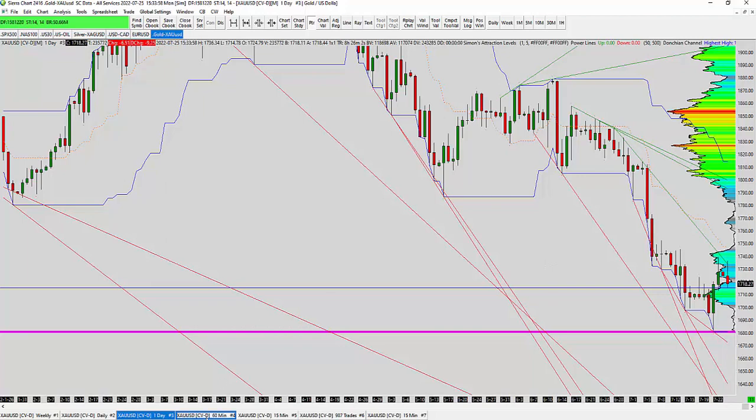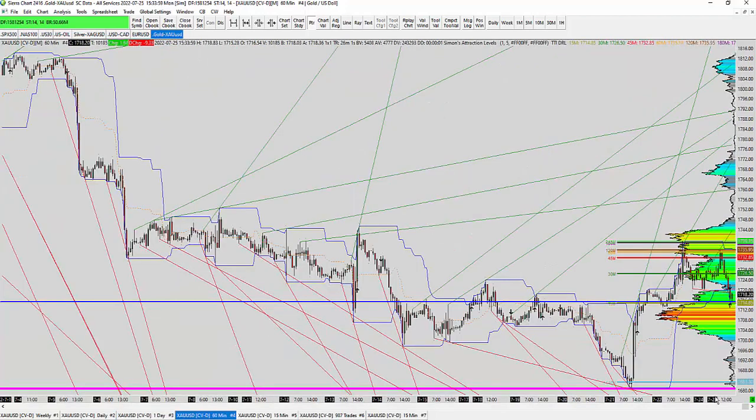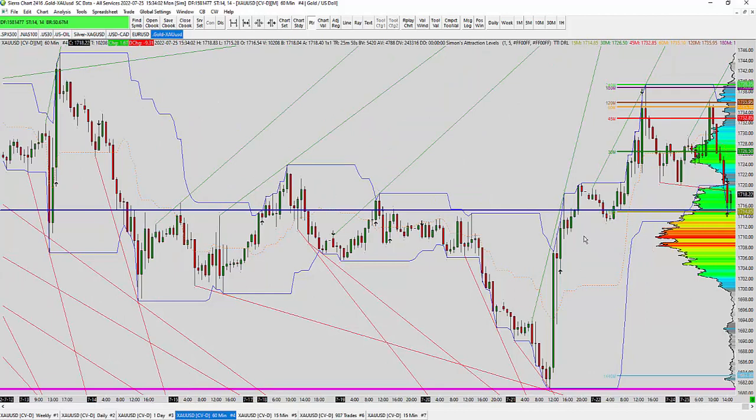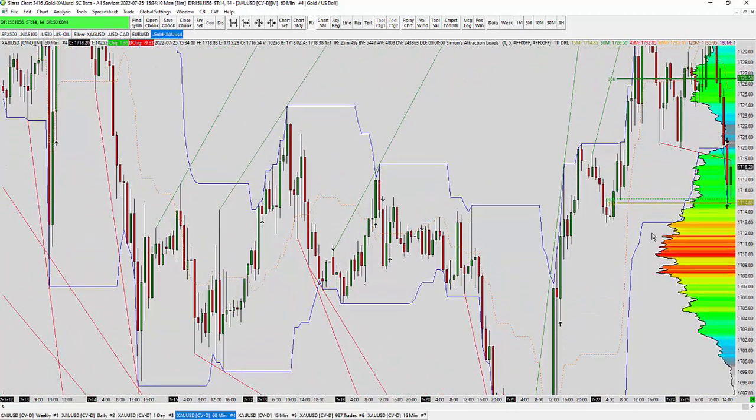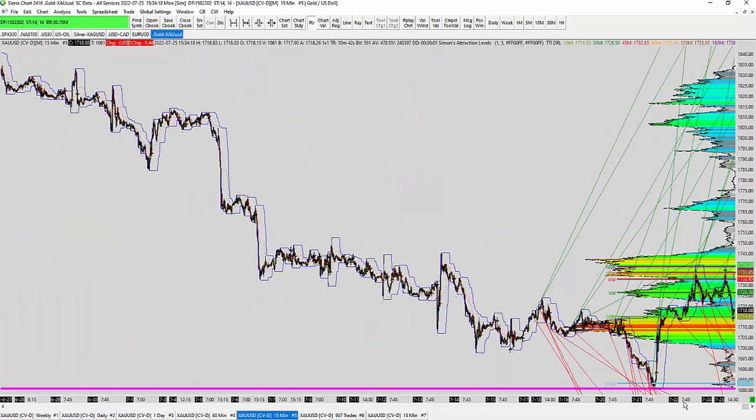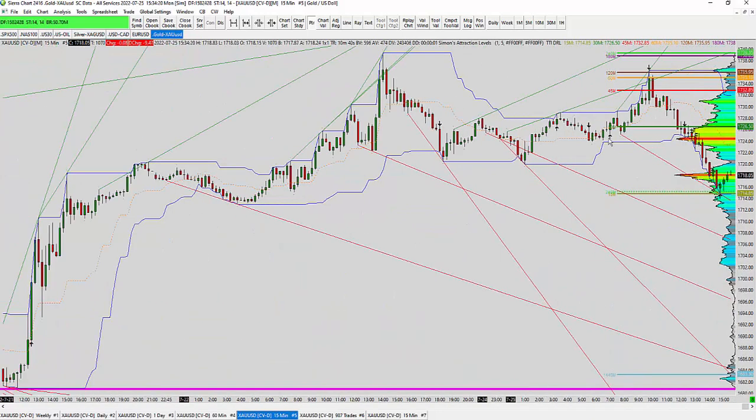So I'll go to my 60-minute chart. You notice how this line, which was plotted on the daily, so let me remove it because it's the same line, how we had two DRLs, dynamic reversal levels, supporting this long. Furthermore, we had this arrow, and if I look at a 15-minute, we had a power line. So you get the idea behind the indicators and how to use them in your favor.